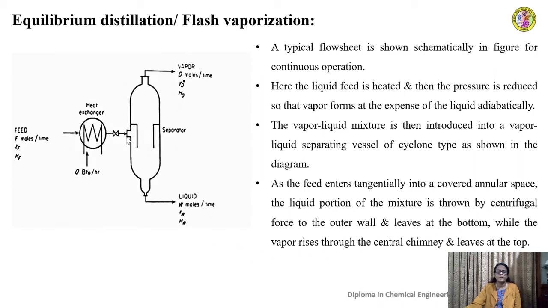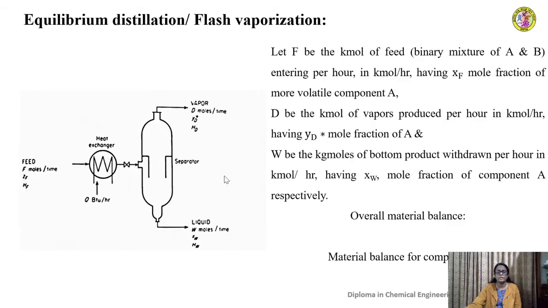While the vapor rises through the central chimney and finally leaves at the top to be taken to a condenser where it will be liquefied.